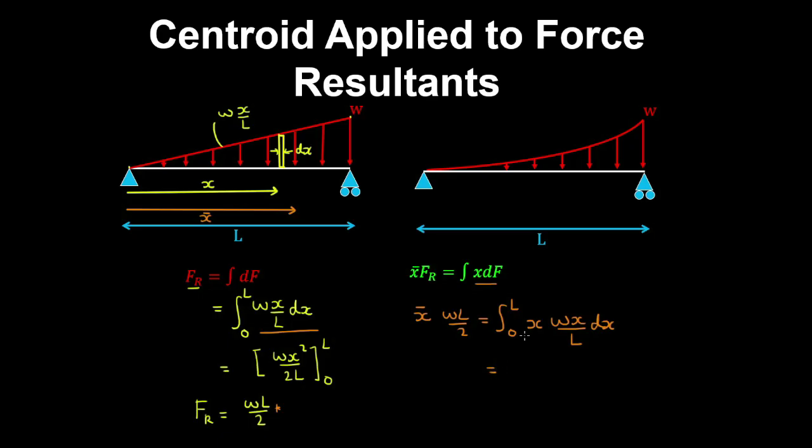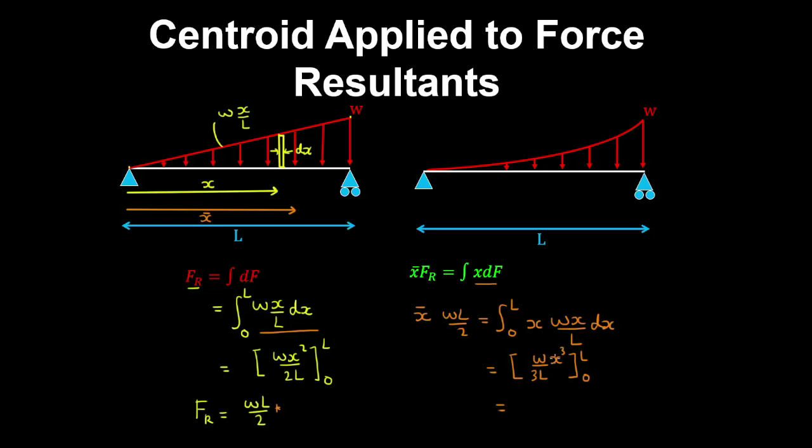And now if you evaluate this integral, you'd have W on L, and we have x squared, that will be x cubed on 3. And we evaluate this from 0 to L.